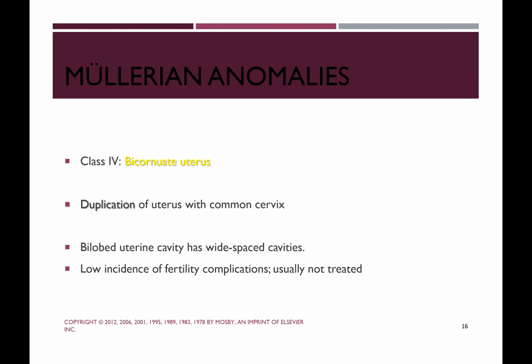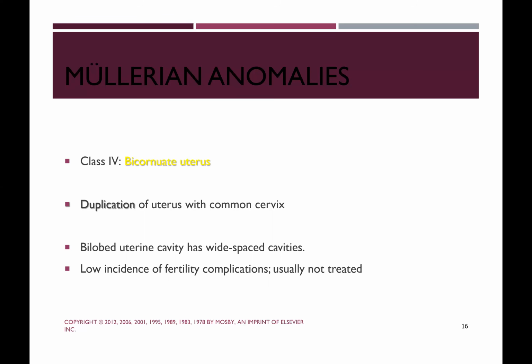Mullerian anomaly, the bicornuate uterus, is the duplication of the uterus with a common cervix, and it's a bilobed uterine cavity with wide spaced cavities. It has a low incidence of fertility complications and is usually not treated, with potential preterm labor if the bicornuate uterus has a pretty deep cavity.